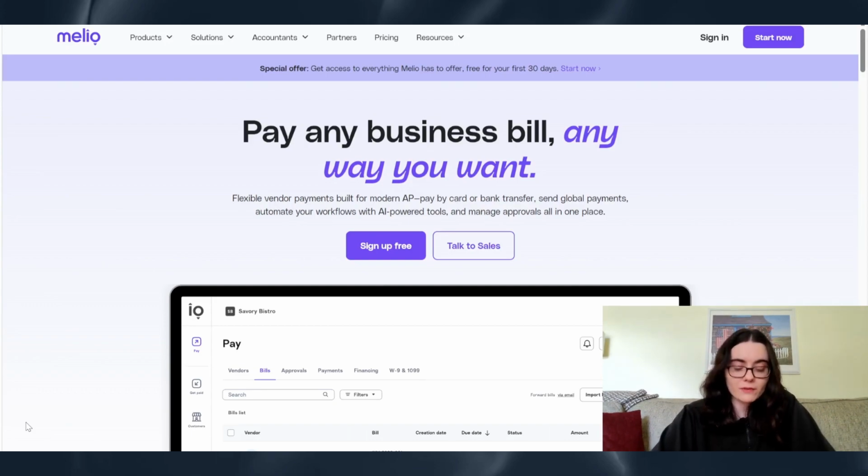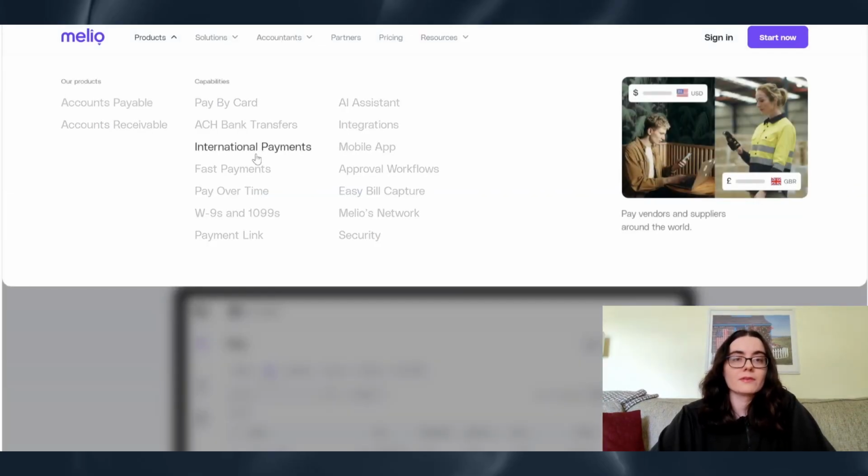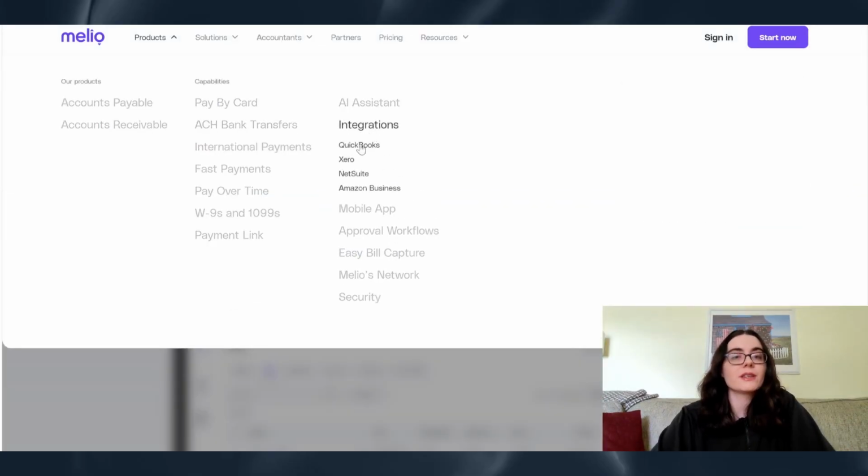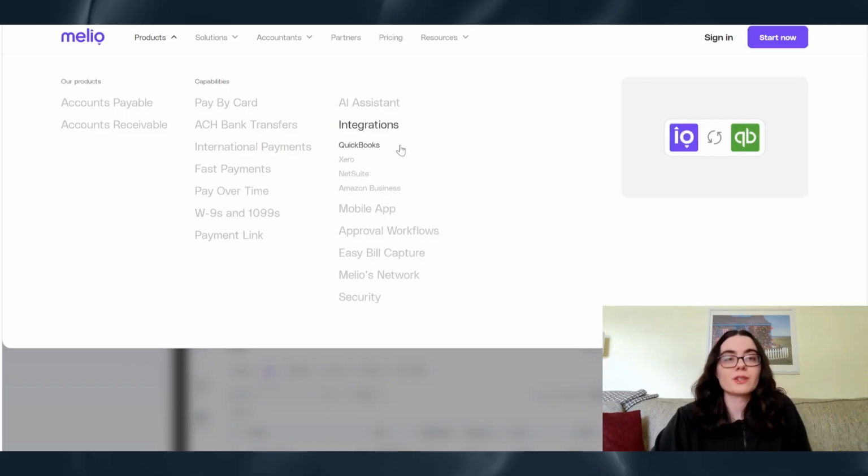So the pay by card feature is definitely a big part of what they do, but really they cover a lot of different things. Integrations, they have quite a few different integrations available. This is pretty important because you want to make sure that your bill pay tool can sync with your accounting software. So they integrate with desktop, because a lot only integrate with the online version, but this one also integrates with desktop. Xero, NetSuite now is an option, and then Amazon Business, so you can pay your invoices from there.